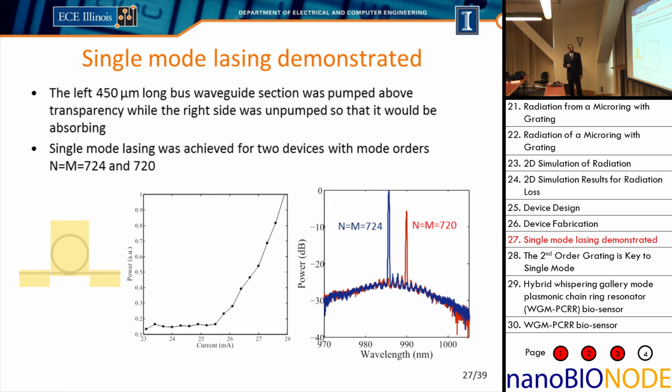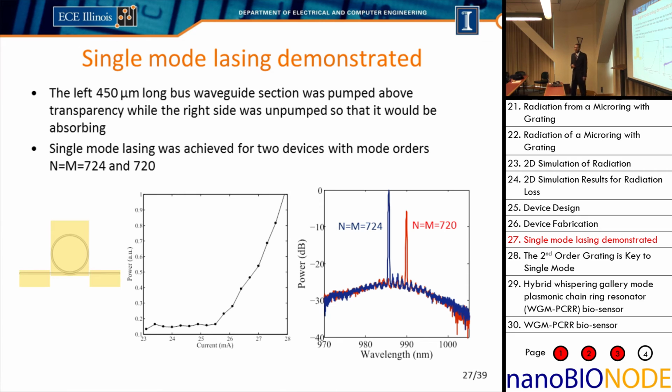So as a function of the current, we can see that we get an increase in power, and so we have lasing threshold at about 26 milliamps. When we set m equals 724, we get this one resonance as the lasing operation. When we change the azimuthal mode order, so that we can see whether it's the grating that determines the lasing, we can see that it shifts exactly 4 orders to the 4th resonance to the right.